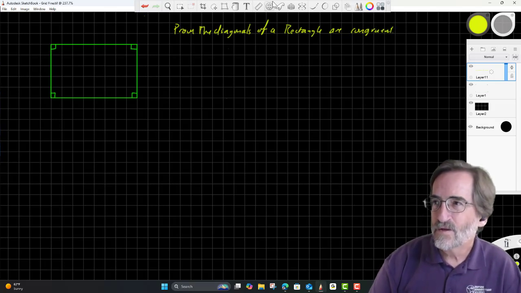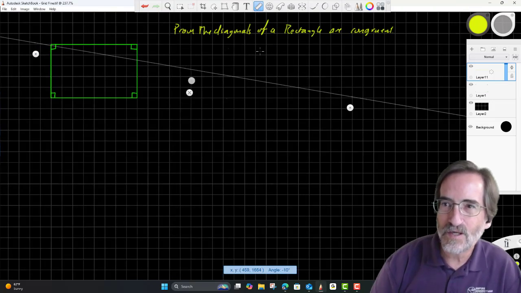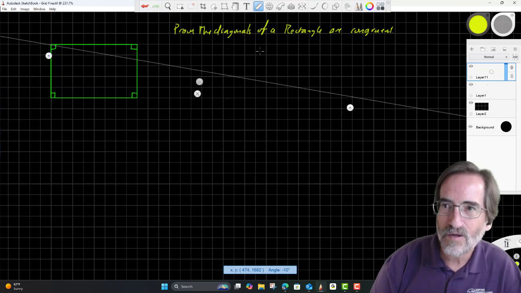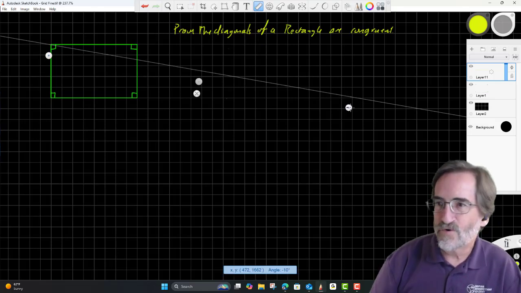So I'm going to draw both diagonals, and I'm going to label all the vertices.